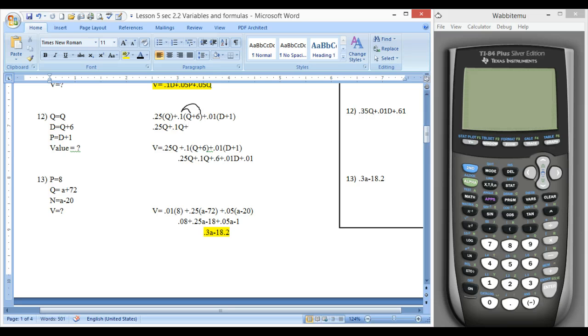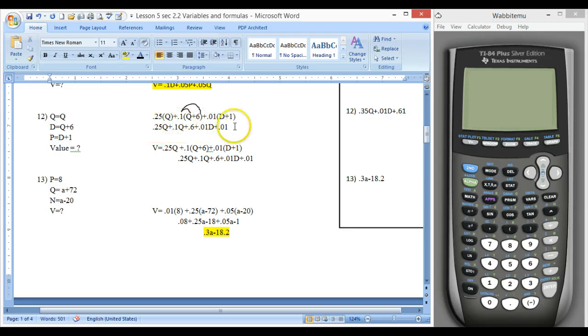Add 0.1 times 6 is 0.6. Then I have another distributive property over here. 0.01 times D is 0.01D. 0.01 times 1 is plus 0.01.